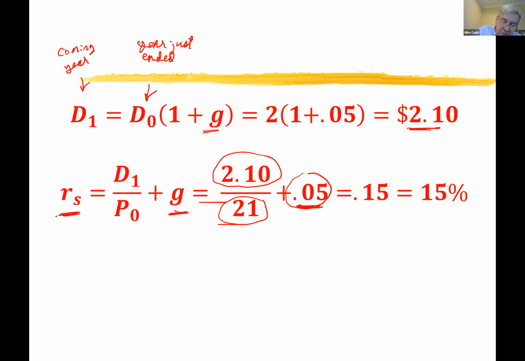And the answer comes out in decimal form. So we have a dilemma. The CAPM says our stockholders should require 14. The dividend model says our stockholders should require 15.